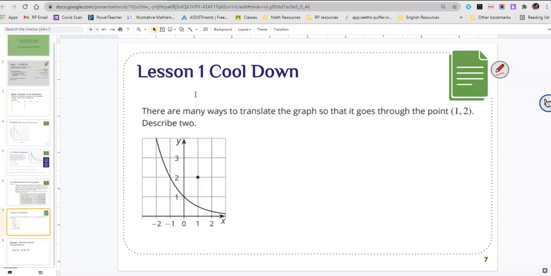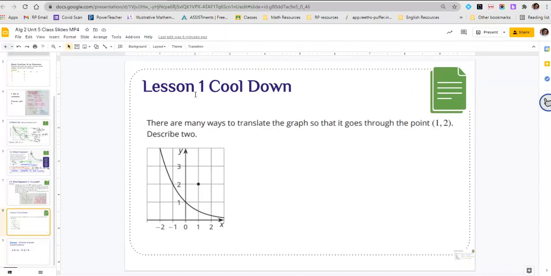And our lesson 1 cool down is just asking you to find at least 2 ways to move this graph so it goes through this point at 1, 2. There are lots of ways to do it. I'd like you to just describe 2 of them. Give you a chance to do that. We're going to share and compare in just about 2 minutes or so.